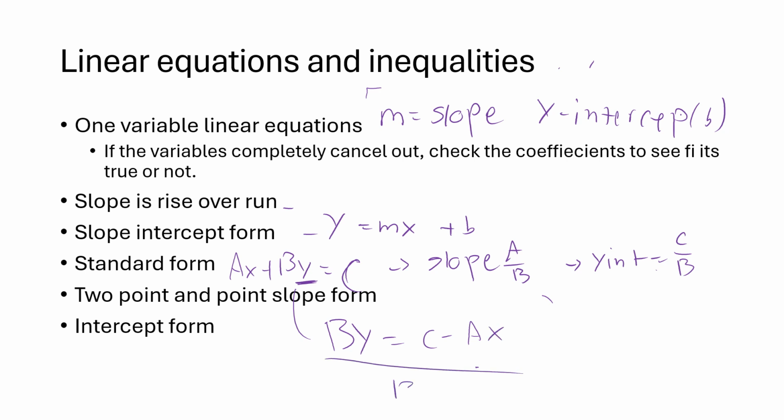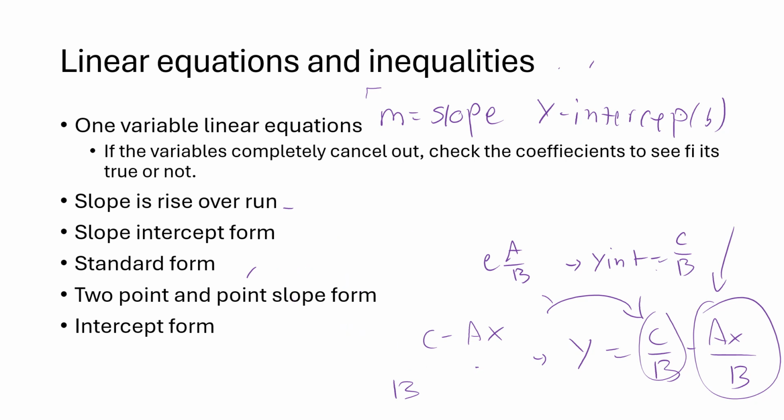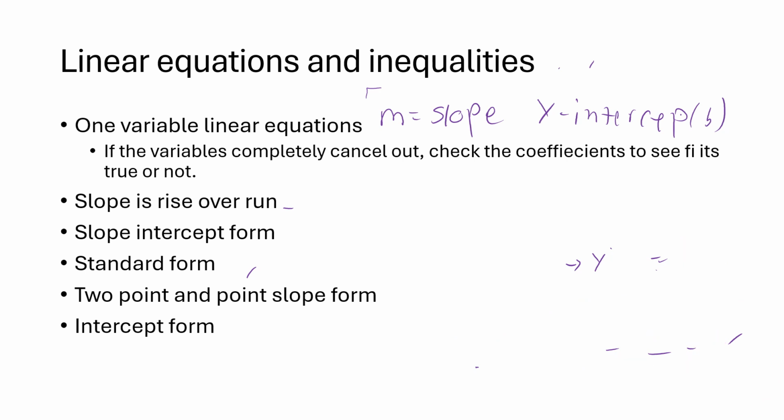Divide this whole thing by b, which would give you y equals c over b minus ax over b. So in this case, you have your slope right here, and your y-intercept right here. But honestly, if it's easier for you to just bring the y by itself and solve everything, you don't have to worry about the particular form. Whatever's easy and works best for you is all that matters.